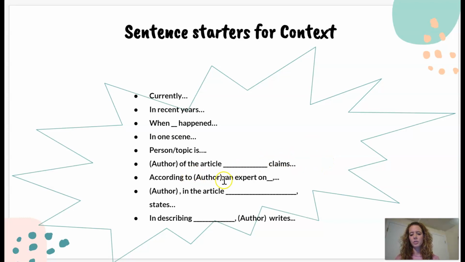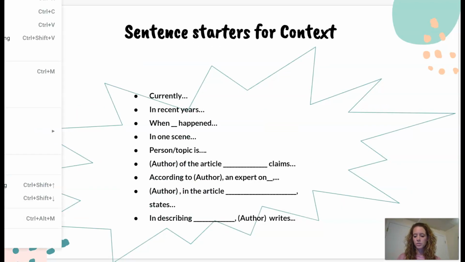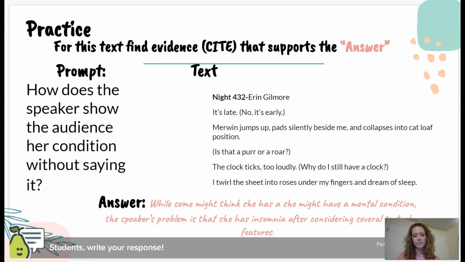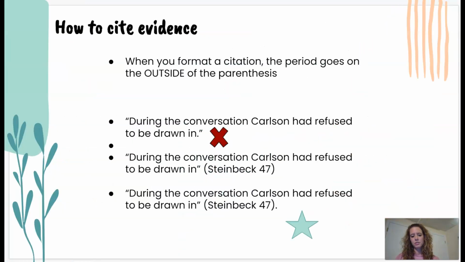Or according to this author, an expert on the environmental impact of plastic, right? If you're citing a quote from that kind of article, you could summarize it quickly and then offer the piece of evidence.